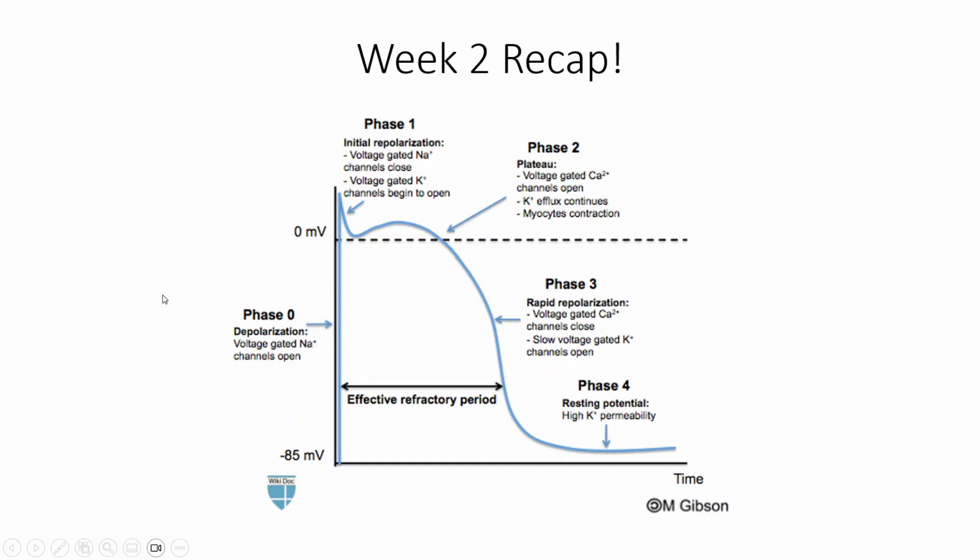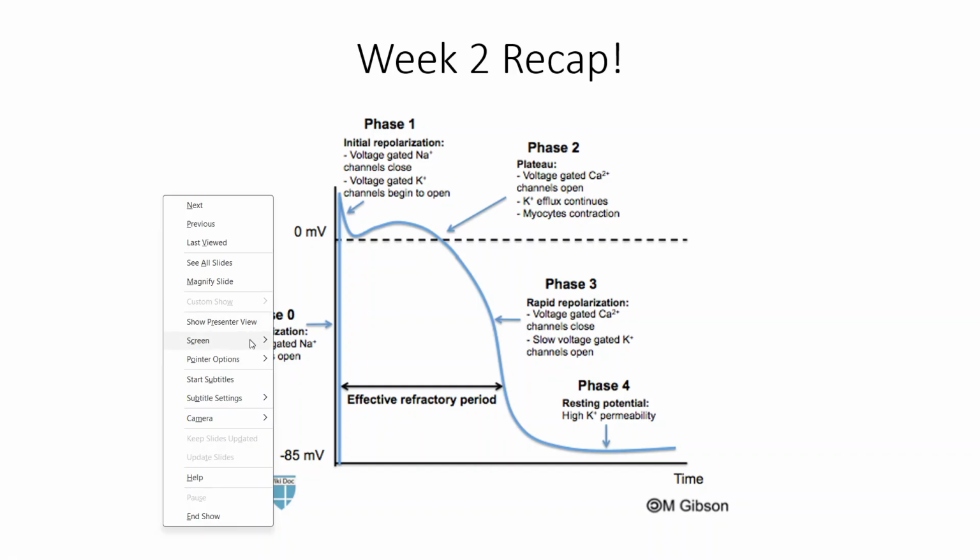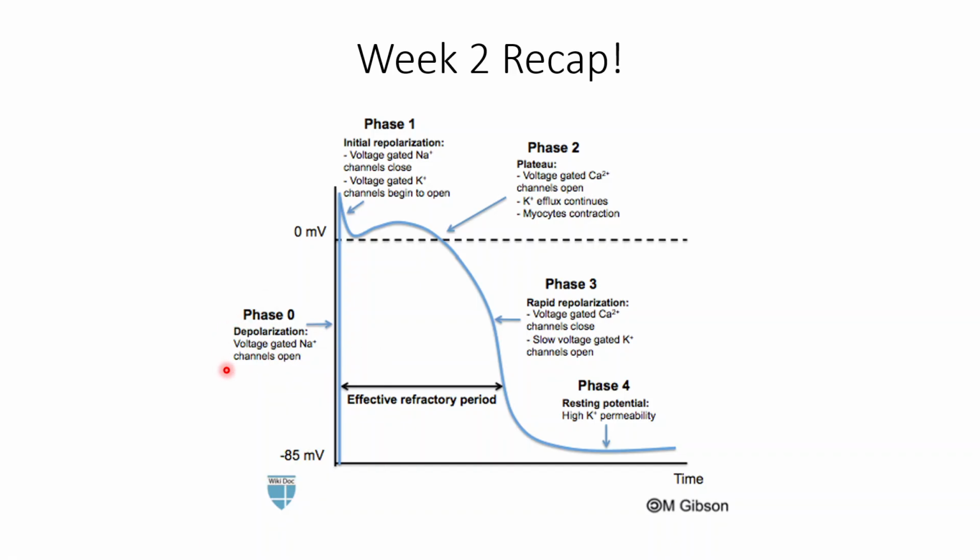Then you have phase zero, which is your depolarization phase. You have fast sodium channels that open, and then you have a spike in the potential, which is called depolarization.